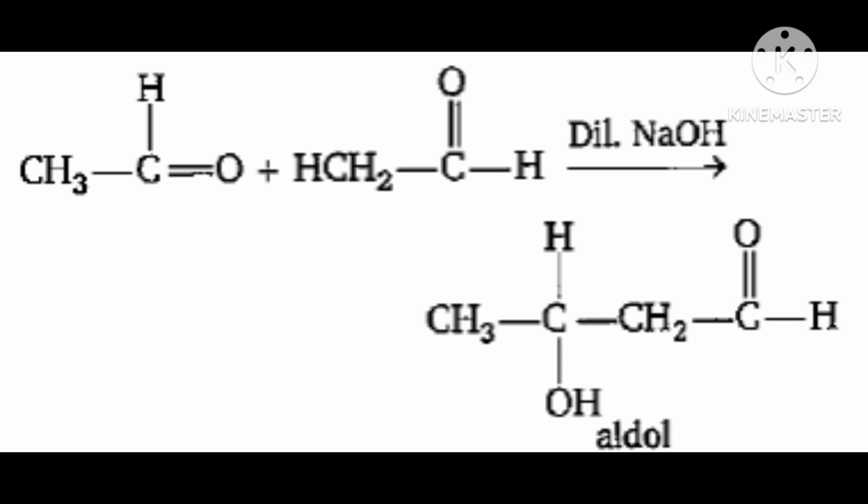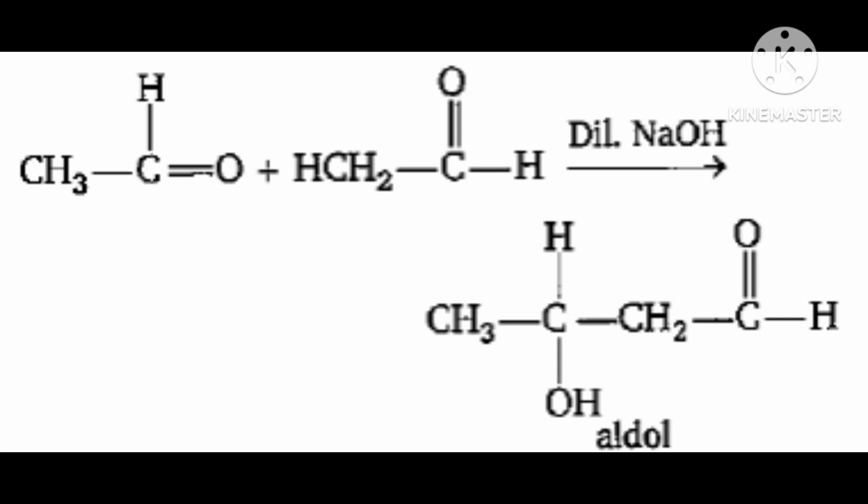Actually a carbon has 4 valency, then 2 valency is attached, and the other two valencies may be attached with other groups. Sometimes only one hydrogen may be available, sometimes 2 hydrogens will be available, CH2, and the fourth one will be another group. But the condition is that at least one alpha hydrogen must be there.